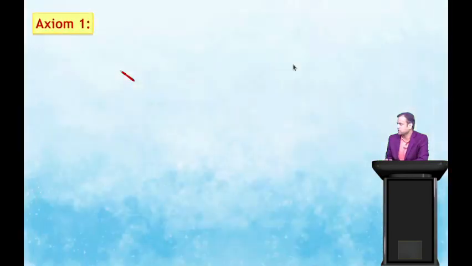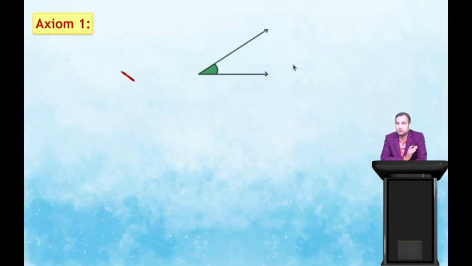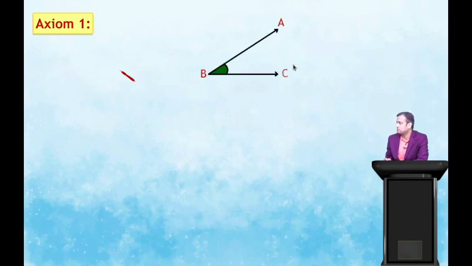Now we will start the game of geometry. To start, first we learn axiom 1. It is called the first rule.